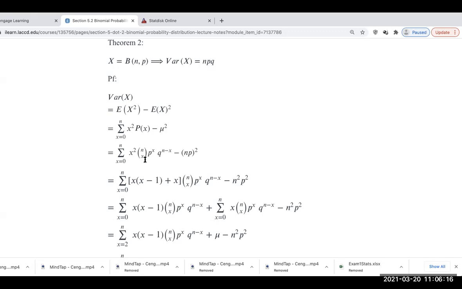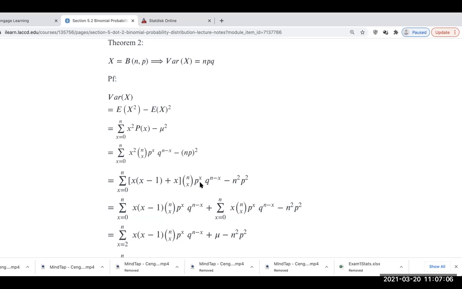Next, by the binomial probability formula, this is just equal to nCx times p to the x, q to the n minus x. And now let me use this algebraic formula, the fact that x squared is equal to x times x minus 1 plus x.